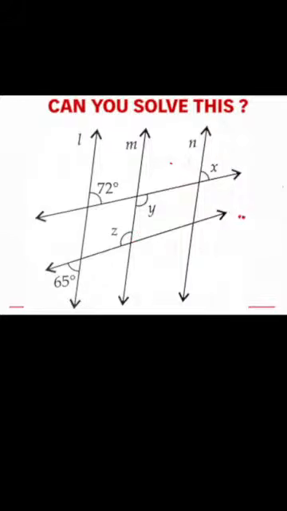These two lines are not parallel. 72, 115 and 115, that's also incorrect. 72, 108, 108, that's also incorrect.